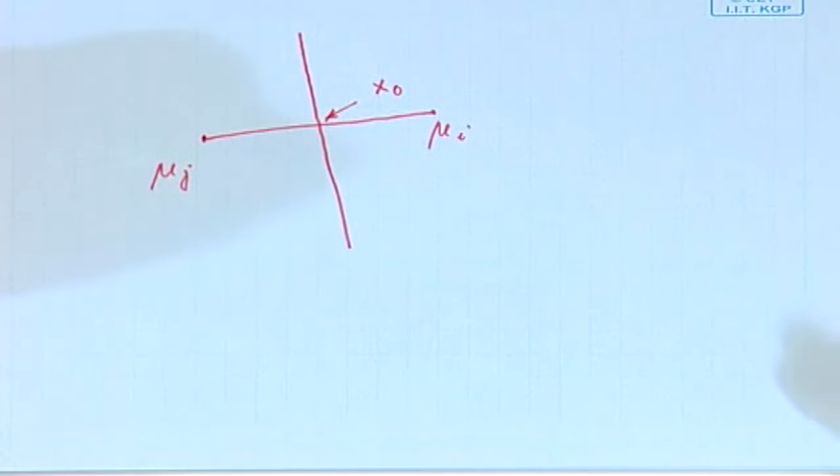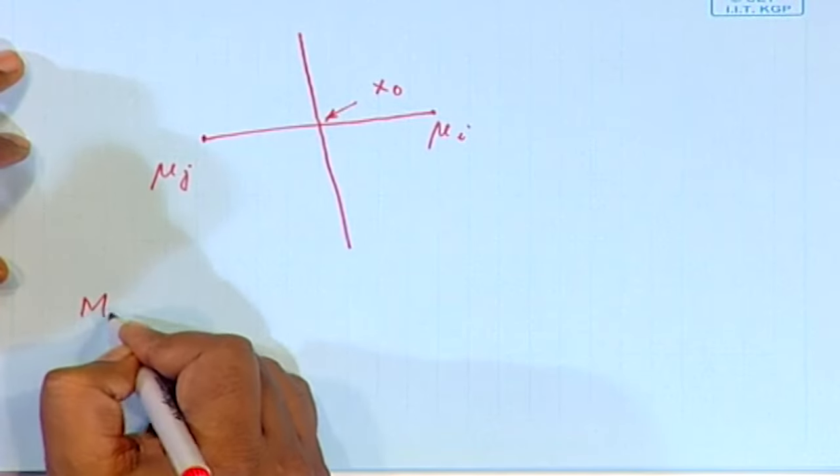And because it's the orthogonal bisector, again I come back to the same situation, that the kind of classifier that I have is a minimum distance classifier. Because if I have an orthogonal bisector of the line joining μ_i and μ_j, then for all the points falling on the side of μ_i, its distance from μ_i will be less than its distance from μ_j.